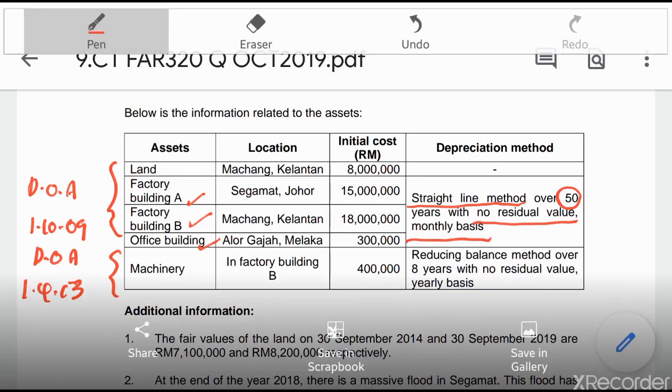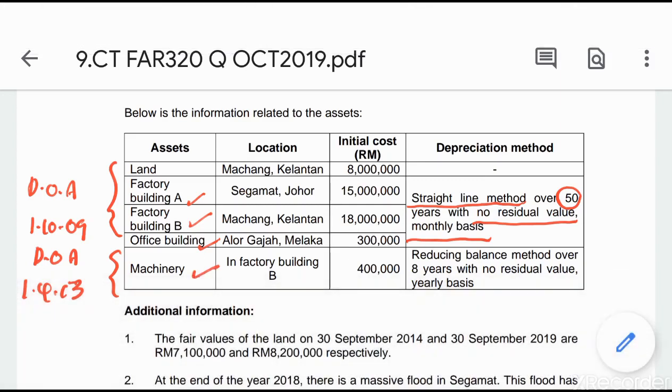So for monthly basis, that means we are going to provide depreciation based on the proportion or the month of ownership in the year, both in the year of acquisition as well as in the year of disposal. For the machinery, it has a reducing balance method, and the remaining useful life was 8 years.